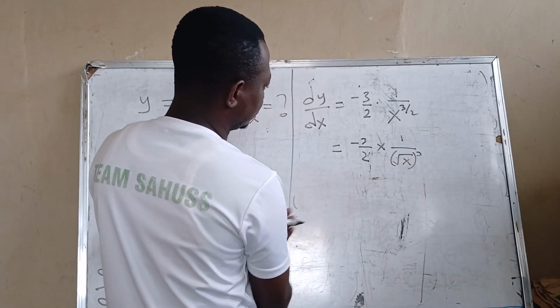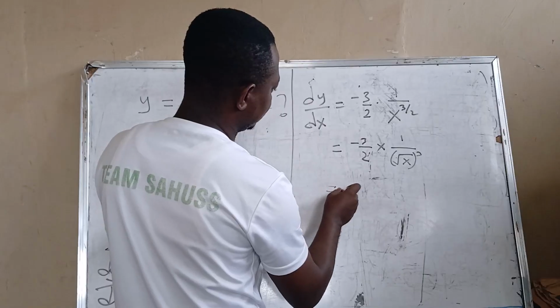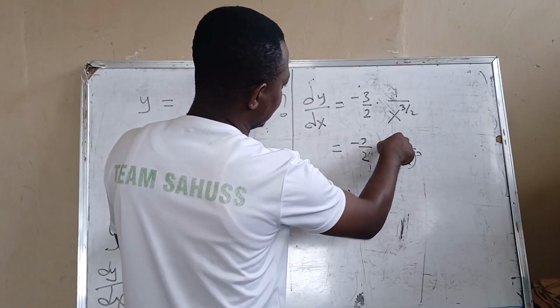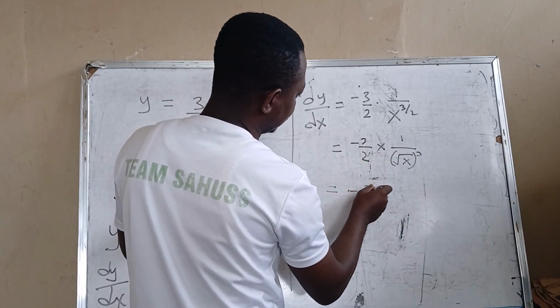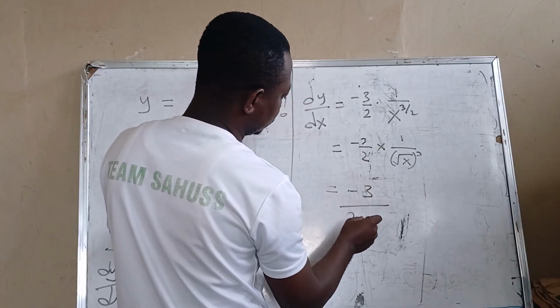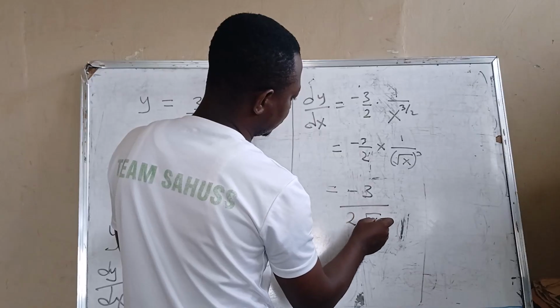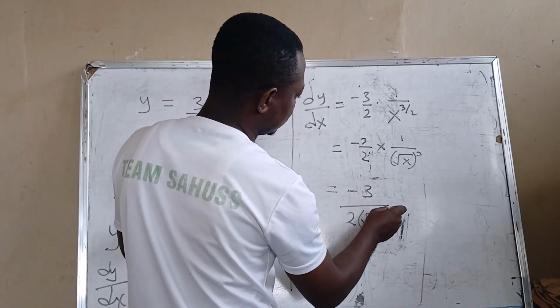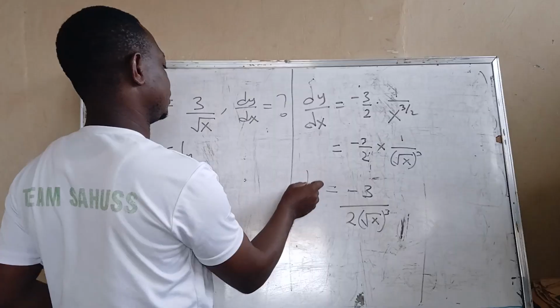So my final answer will be minus 3 on 2 times square root of x, all to the power 3. So I have written it that way.